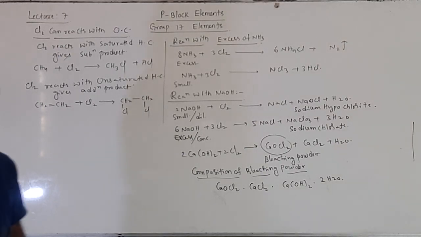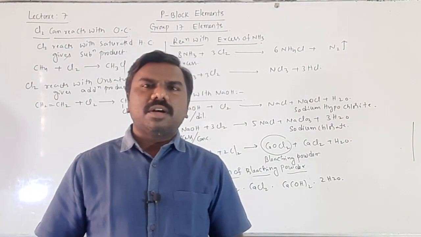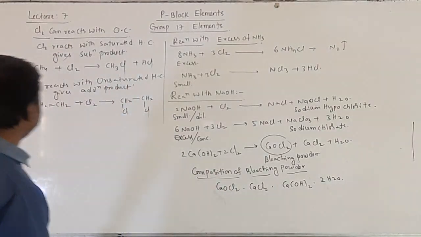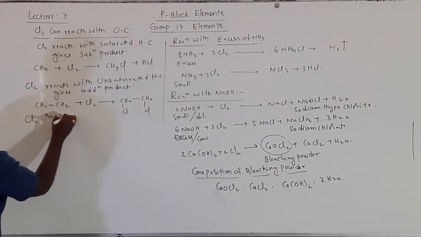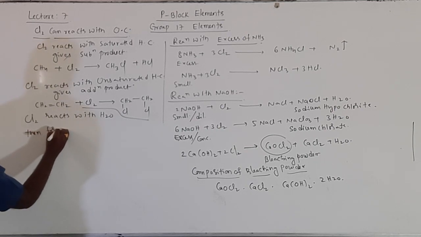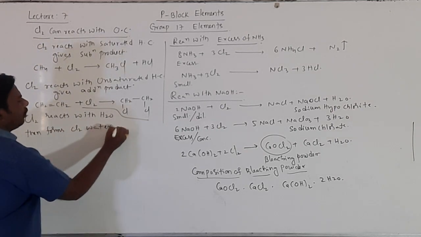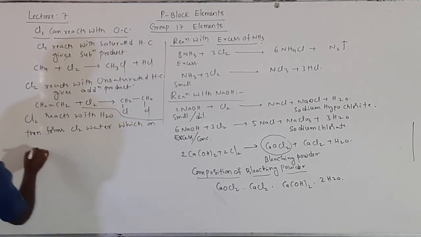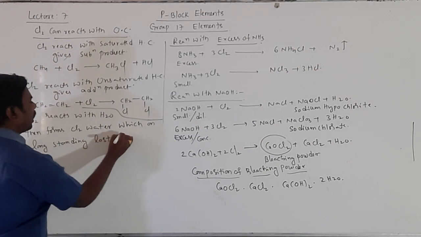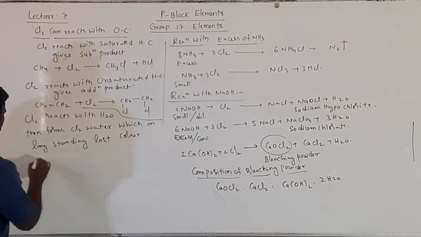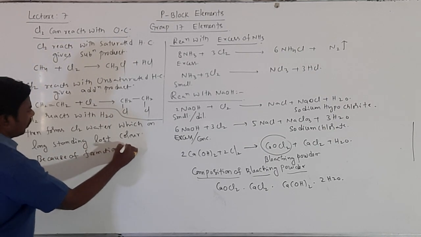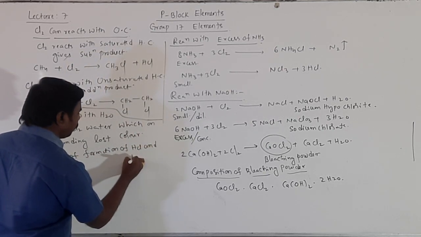Next, reaction with water. When chlorine reacts with water, it forms chlorine water, which on long standing loses the greenish yellow color of chlorine and becomes colorless because of the formation of HCl and HOCl.